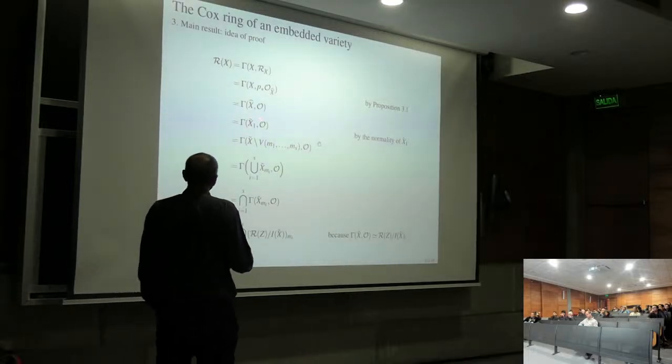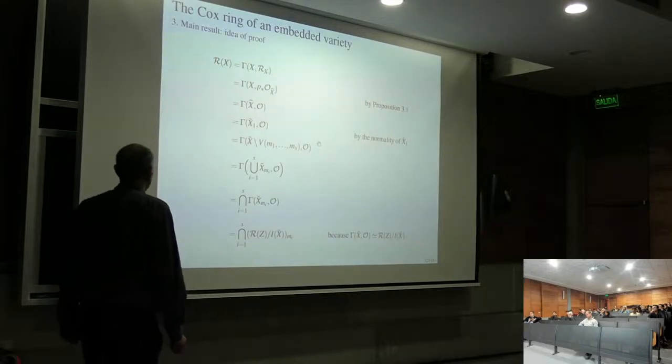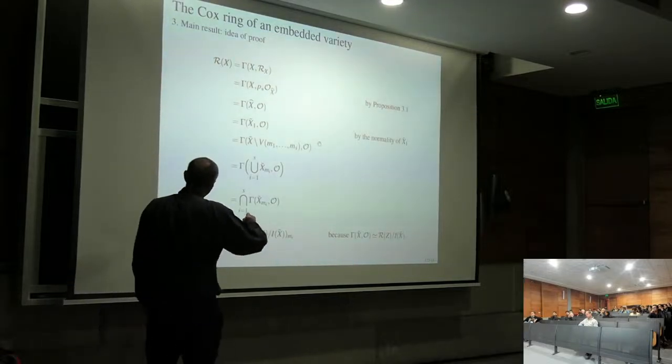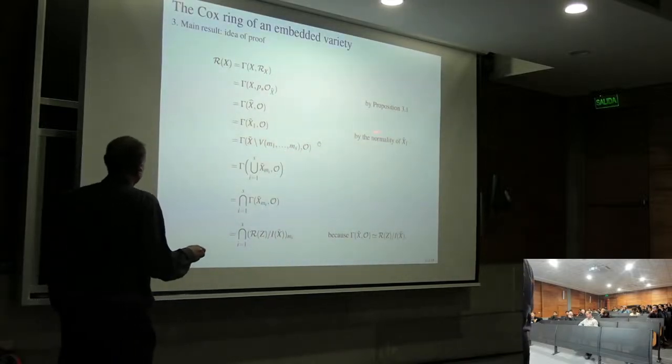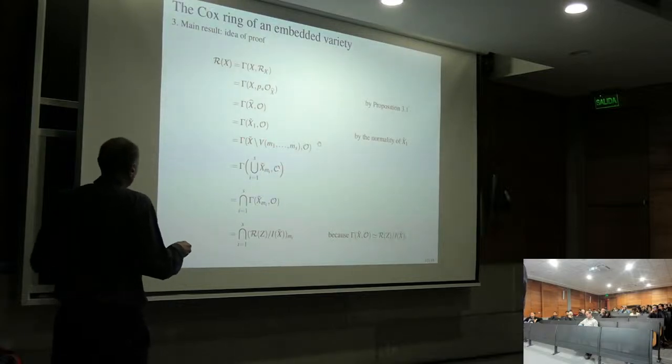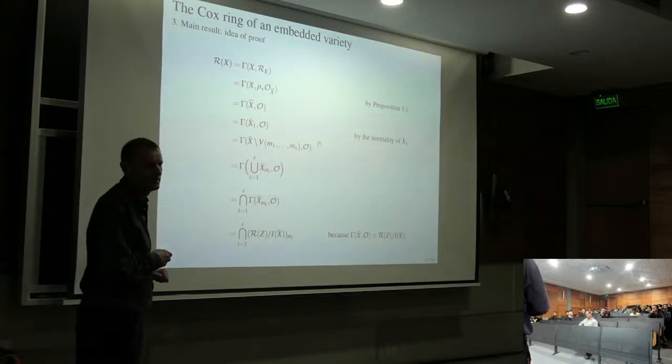Then we have this X1 tilde. This is the complement in X tilde with respect to this, which is generated by homogeneous elements. And then this complement you can write down as a union of these. This is a kind of standard notation. We are removing one of them.